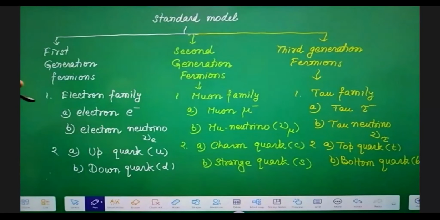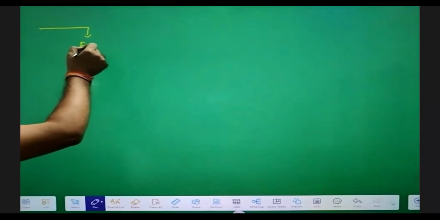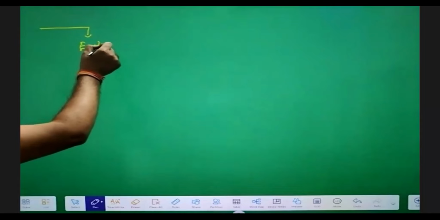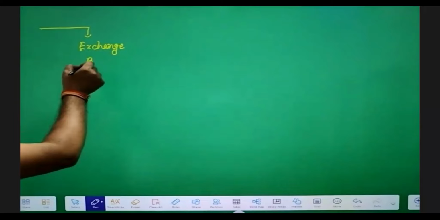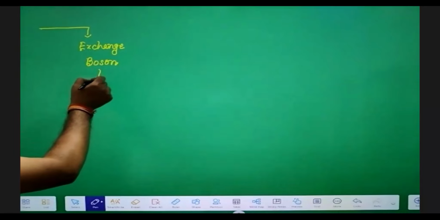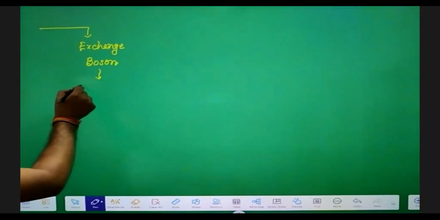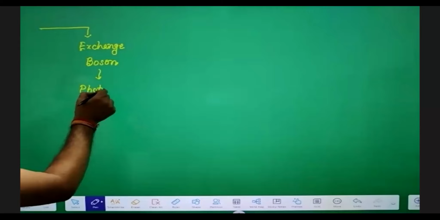So these are the first three columns. Next column, you can make that column, exchange bosons. In exchange bosons, one is photon.